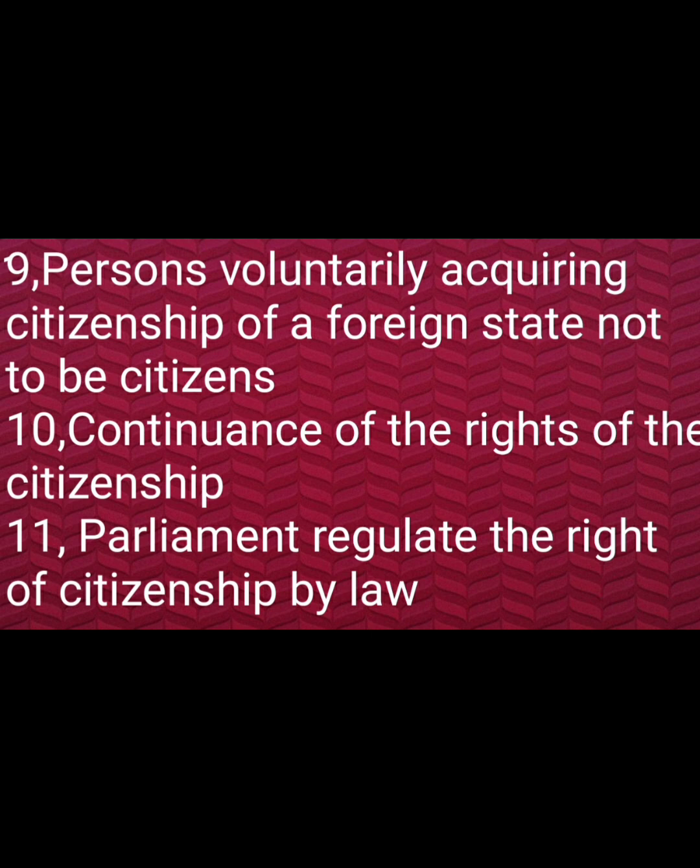Every person who is or is deemed to be a citizen of India under any of the foregoing provisions of this Part shall, subject to the provisions of any law that may be made by Parliament, continue to be such citizen. Article 11. Parliament to regulate the right of citizenship by law. Nothing in the foregoing provisions of this Part shall derogate from the power of Parliament to make any provision with respect to the acquisition and termination of citizenship and all other matters relating to citizenship.